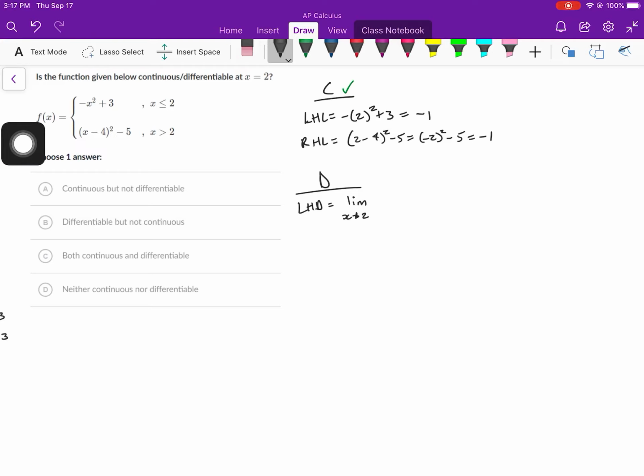So we'll use this one first. So it'll be f of x, which is -x squared plus 3, minus f of 2, which is just plugging the 2 in there, which we found to be -1 earlier, right? Three plus 1 is 4. I'm going to factor that negative out.